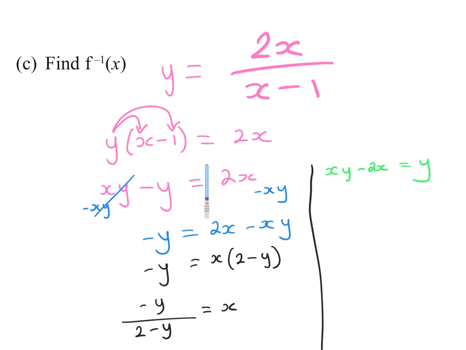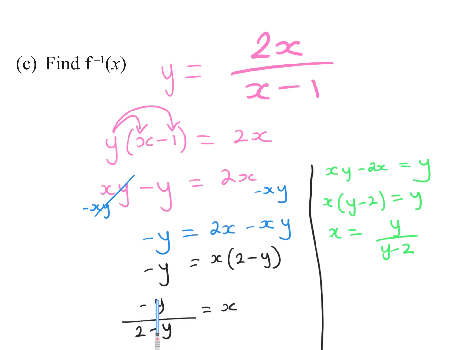So right here I added y to both sides and I put the 2x on this side. Do we understand? Yeah? It's just another scenario, for example. What we find is we have x bracket y minus 2 equals y. So x equals y over y minus 2. Okay? So both of these equations are completely correct.